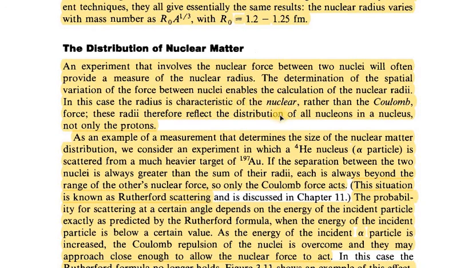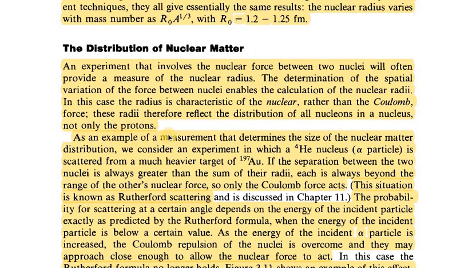So only the nucleon interaction is considered, and these radii therefore reflect the distribution of all nucleons in a nucleus, not only the protons. Previously, the Coulomb interaction was only due to the protons. Here we can also consider the neutrons.